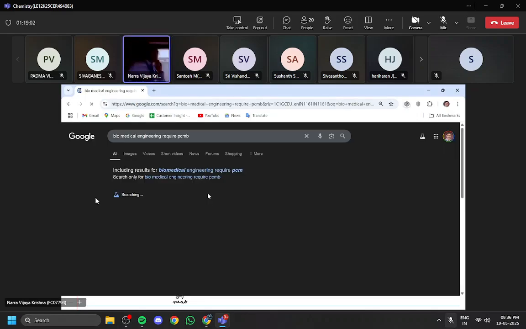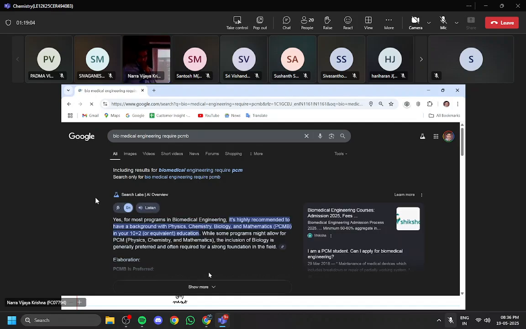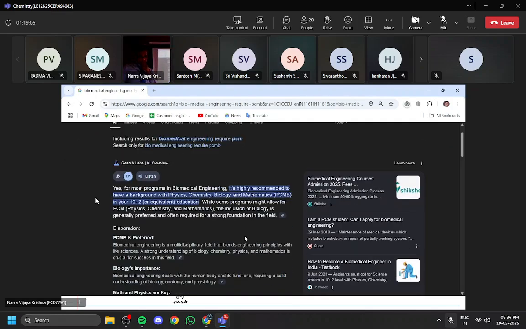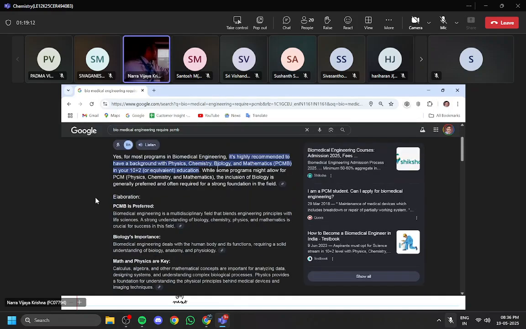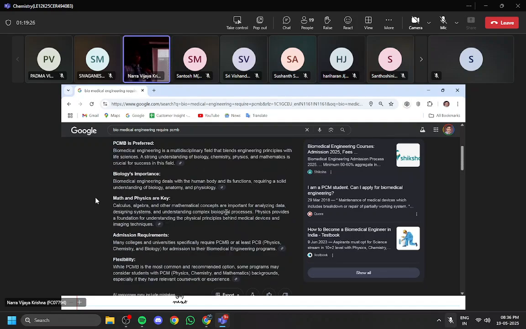Oh, rules not changed. For most programs in biomedical engineering, it is recommended to have a background with physics, chemistry, bio, and maths, PCMB, right? Depending upon the IIT, some IITs will allow with PCM itself, but a few IITs will not allow.